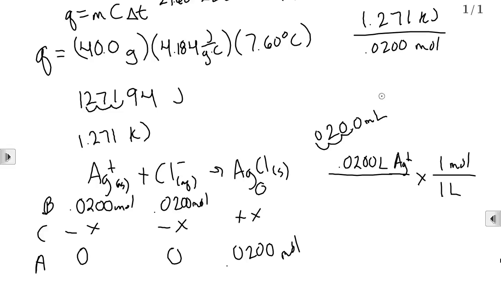And how many sig figs can I have? It's 3. 63.6 kilojoules per mole. Cool. That's the second of the 4.